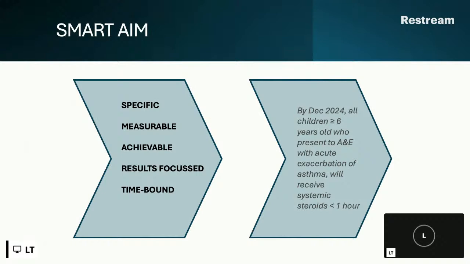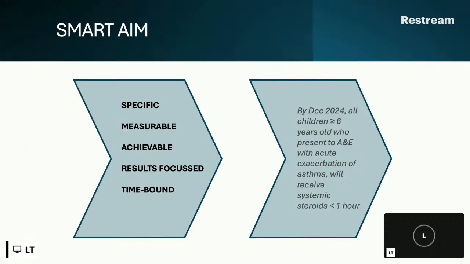My project, which was done last year: by December 2024, all children at or above 6 years old, because that's when we give them a diagnosis of asthma, before that we don't really give them a clear diagnosis for asthma, who present to A&E with acute exacerbation of asthma will receive systemic steroids within an hour.